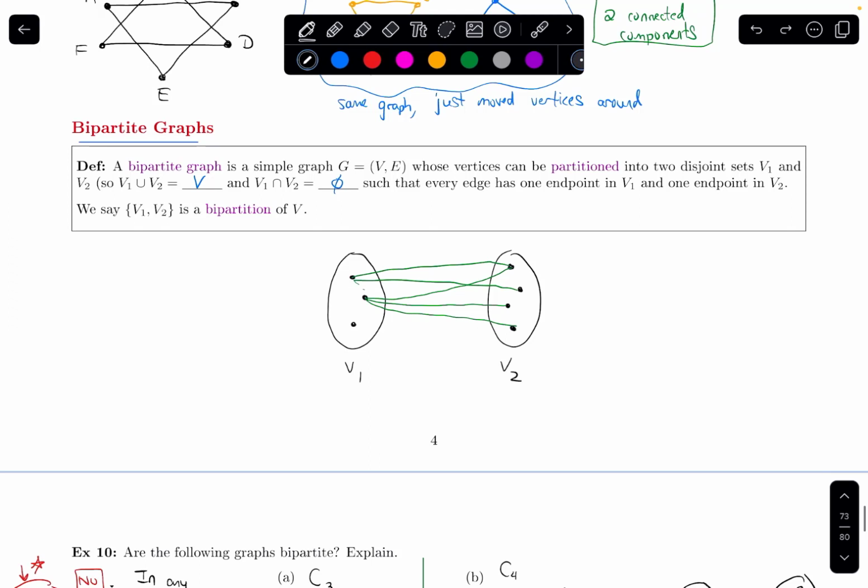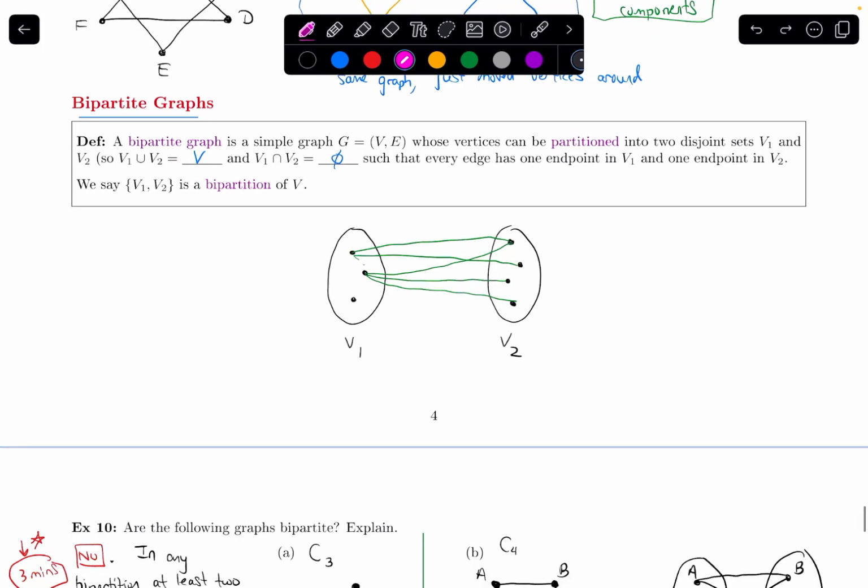A graph is bipartite if I can split the vertices into 2 groups, such that any edge that exists in the graph will always connect one vertex in the first group with one vertex in the second group. If I can do that, then the graph is called bipartite. And as we saw in the last video, some graphs are bipartite, but some I cannot.